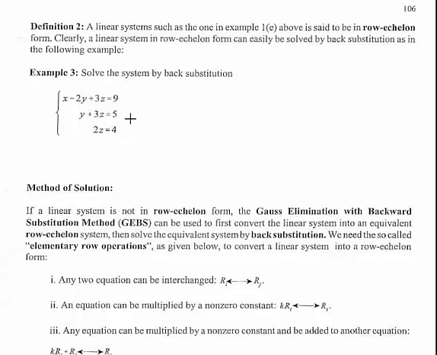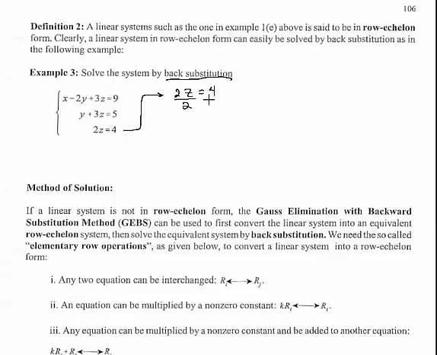When we start to solve these systems algebraically, this is our goal. Once we get them into this form with row operations, what we can do is called back substitution to figure out what the numbers are for x, y, and z that satisfy all three of these equations. The procedure for back substitution is to take the equation with one variable and solve it.